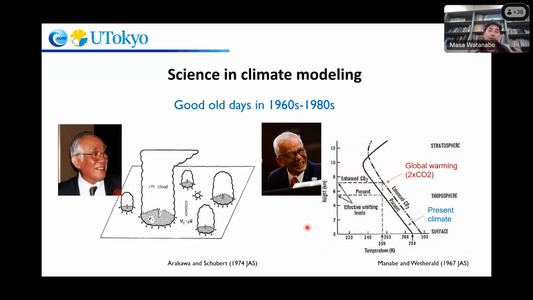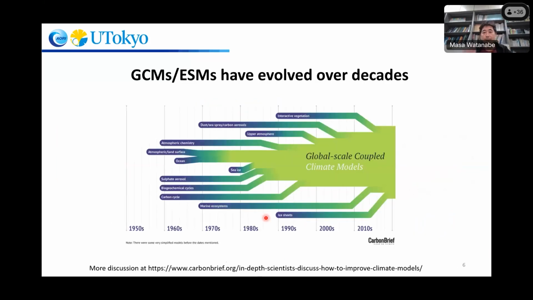I would say their work was part of the pioneering of climate modeling activity, and there's no doubt their works were scientific. And you have seen this sort of diagram many times, showing how the models have evolved over the past decades after the 1960s.